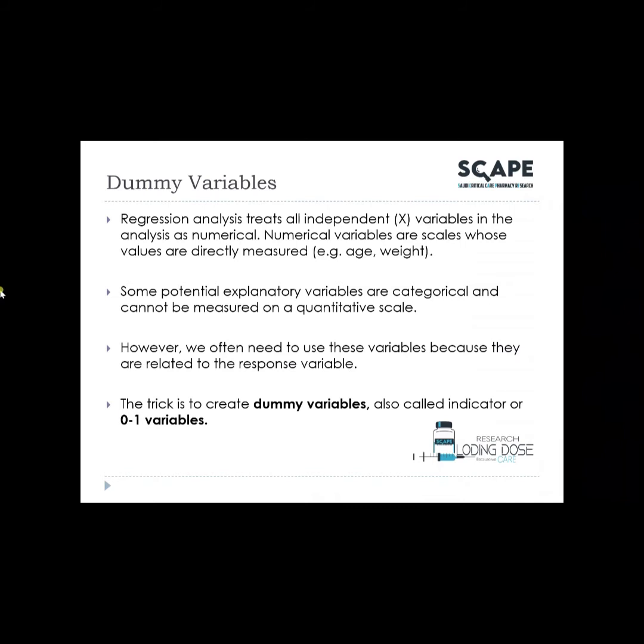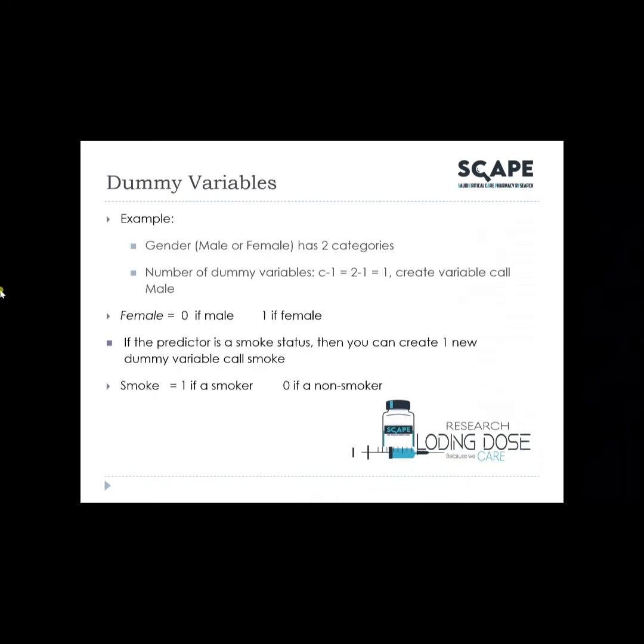Because we cannot add a categorical variable to the linear regression, there is something called dummy variables, which means I will take the categorical variable and code it so I can add it as a predictor in the linear regression.